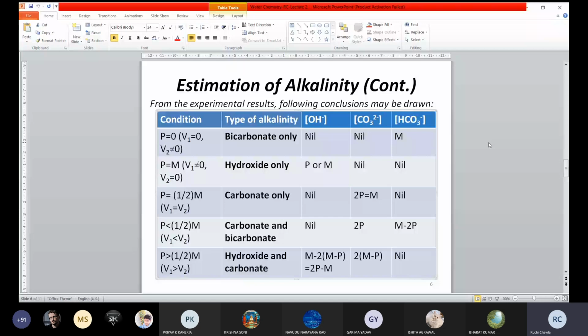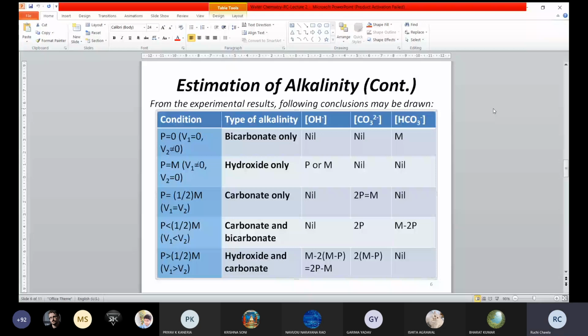Now coming to the various conditions that you can get as experimental results, meaning what can be the values for V1 and V2 that you will record from your experimental observation.